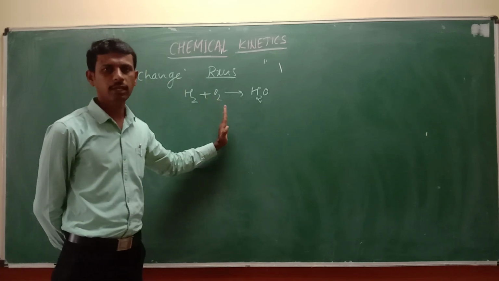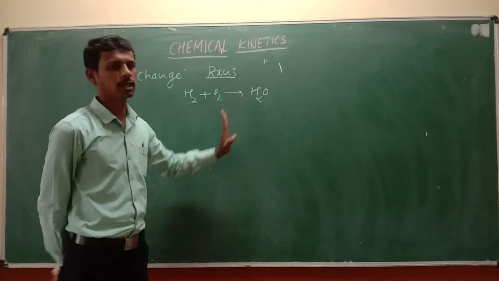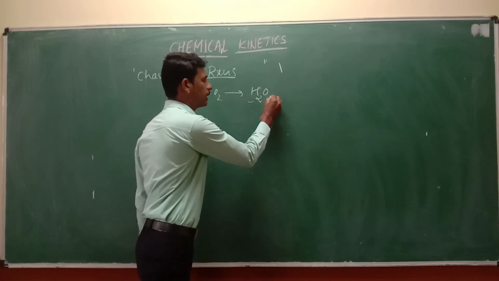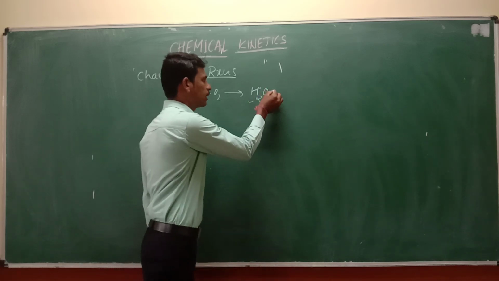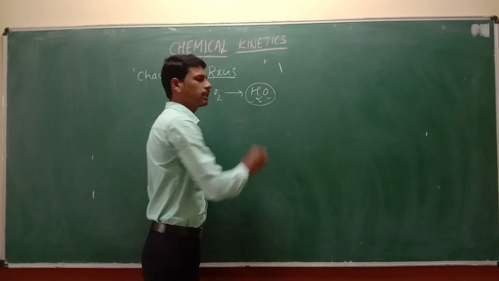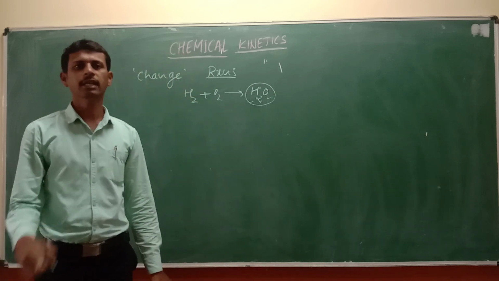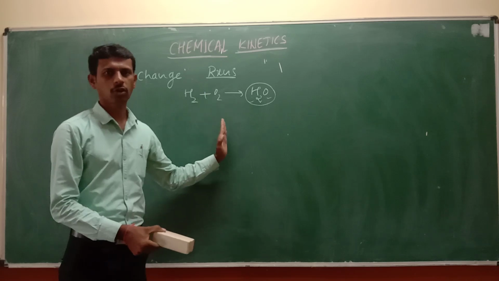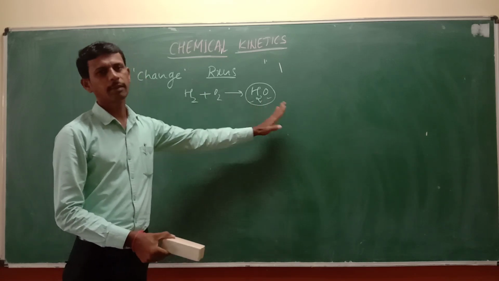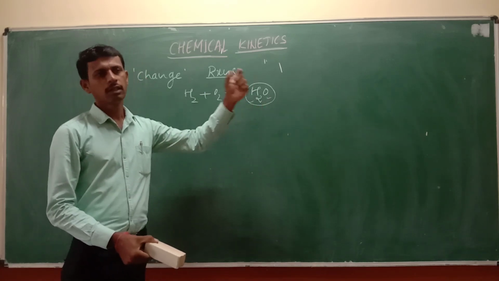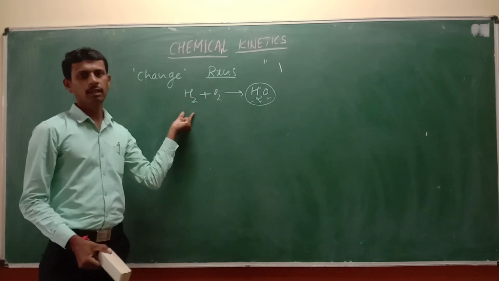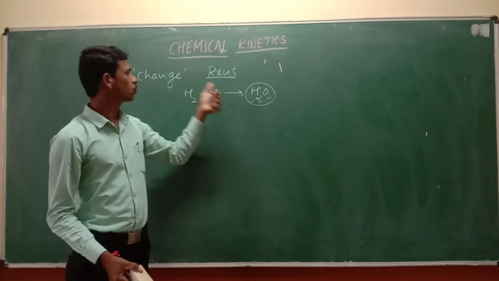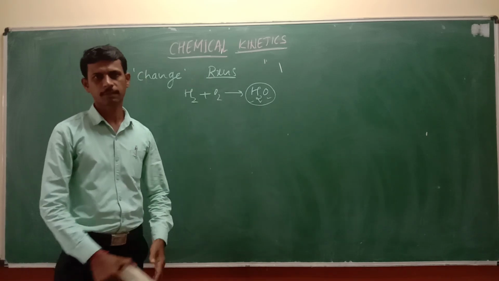When we combine these two gases, we get water. Water is a combination of hydrogen and oxygen, but it does not contain any physical and chemical property of hydrogen and oxygen. It has different properties. Therefore, one kind of matter is converted into another kind of matter through chemical reactions.